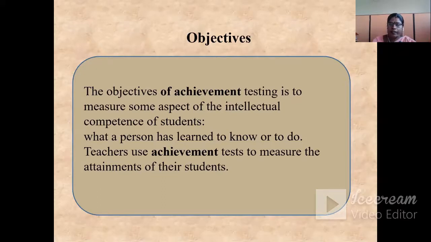Identify the problems, and then teachers use achievement tests to measure the attainments of their students. A test covering a particular topic or chapter is basically used in classrooms to measure whatever students have learned, and how much they have learned of the topic and subjects.